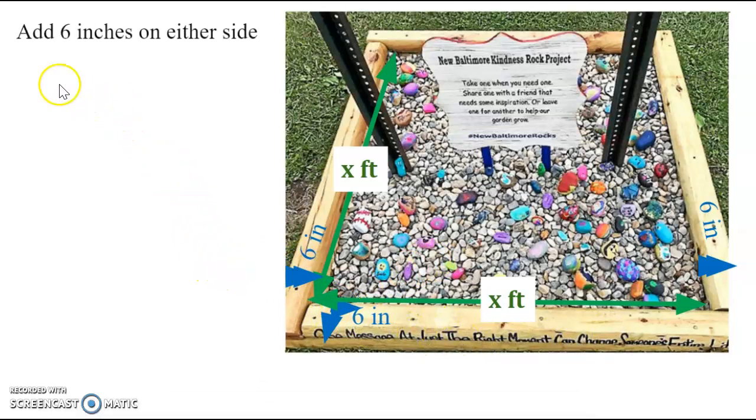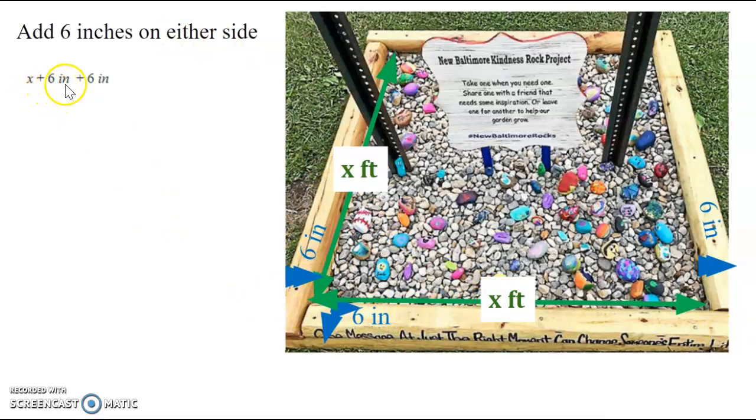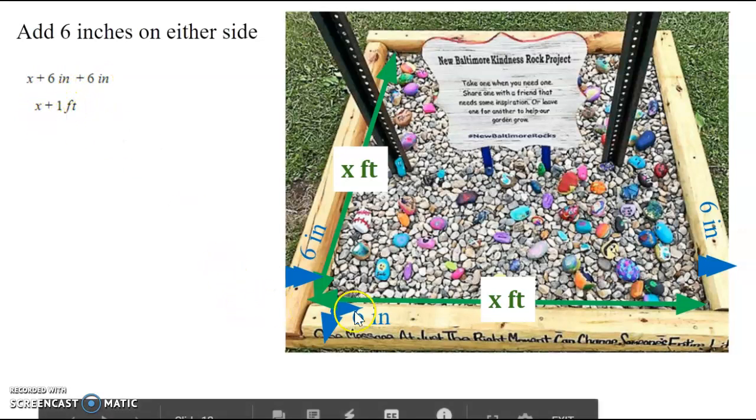So we can add 6 inches on either side of the X, so this total length is going to be X plus 6 inches and another 6 inches, which is the same as 12 inches, which is the same as 1 foot. So I can represent this total length as 1 plus X plus 1 foot.